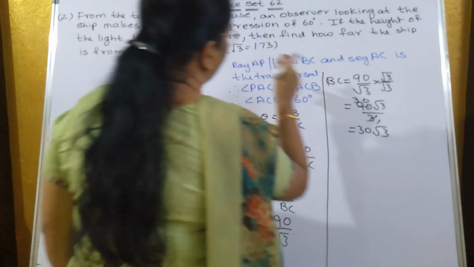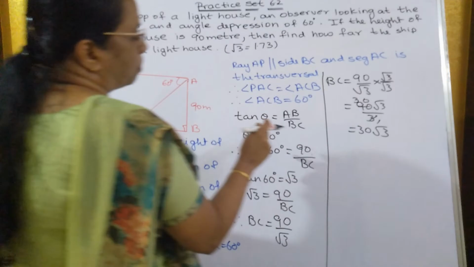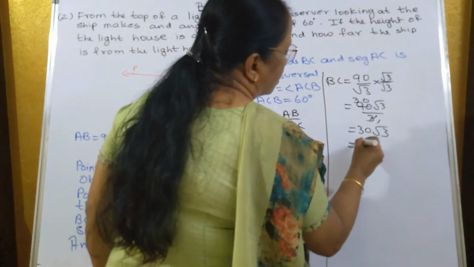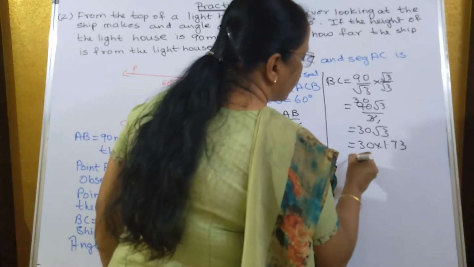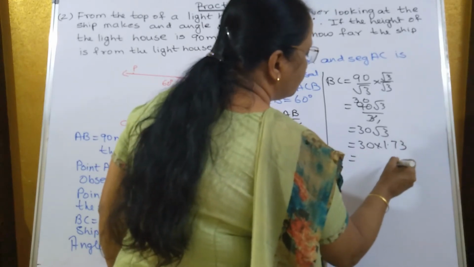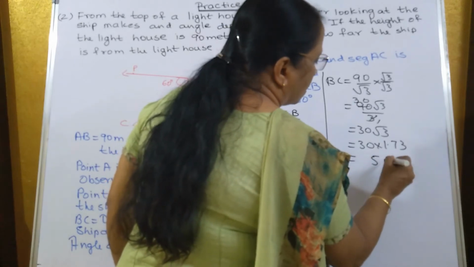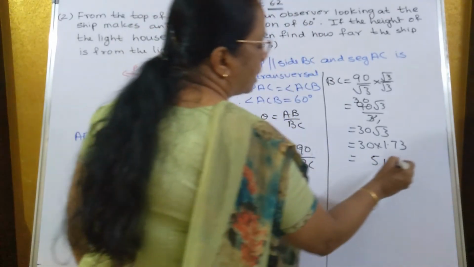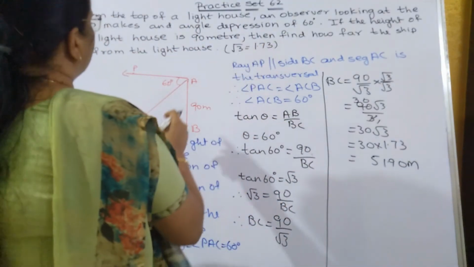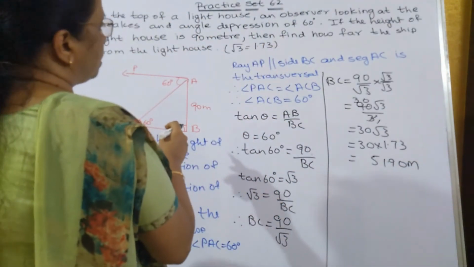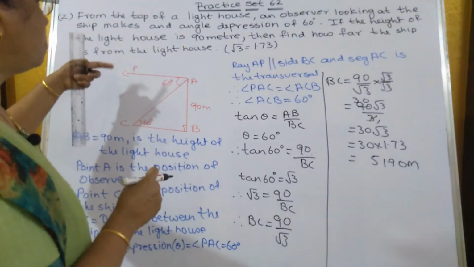Now they have already given the value of root 3. Root 3 in the bracket they have given 1.73. So that's equal to 30 into 1.73. So that's equal to how much? 51.90 meter. So what is the answer? How far is the ship from the lighthouse?